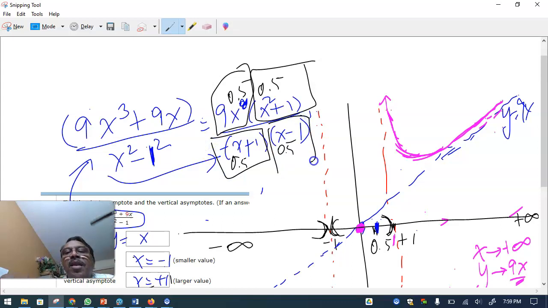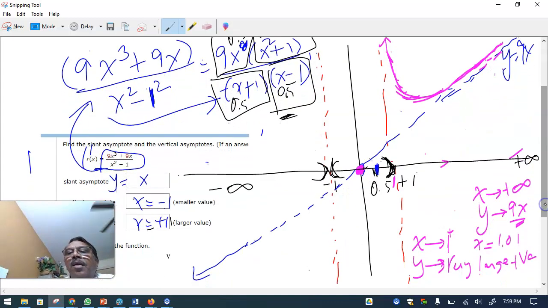But this is going to be negative, see? Because you're subtracting 1 from 0.5. That means over here, from 0 to this one, the graph is below the x-axis. It means the graph has to be something like this, below, so this is how it goes down like this.